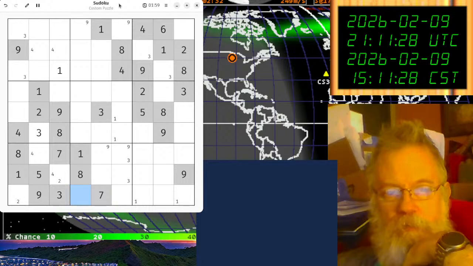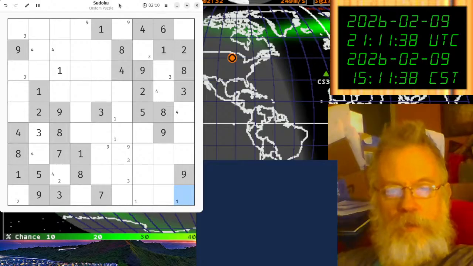And down here I've got 3 possibilities, 3 possibilities, 2 possibilities, and 5 possibilities for 4. On to 5s, I've got 3 possibilities here. One of these 4 is a 5. I got 4 possibilities for 5 here.